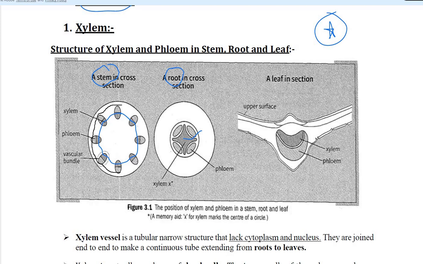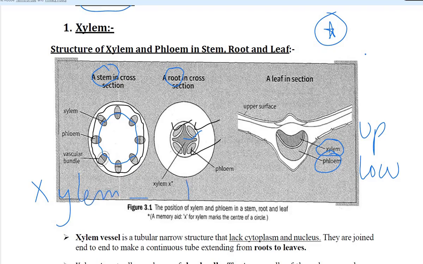You can see that phloem is on the outer side in stem, and phloem is on the outer side in the roots also. However, in leaf, the slight difference is that the xylem is on the upper side and phloem is on the lower side. So in stem and roots, xylem is on the inner side and phloem is on the outer side.